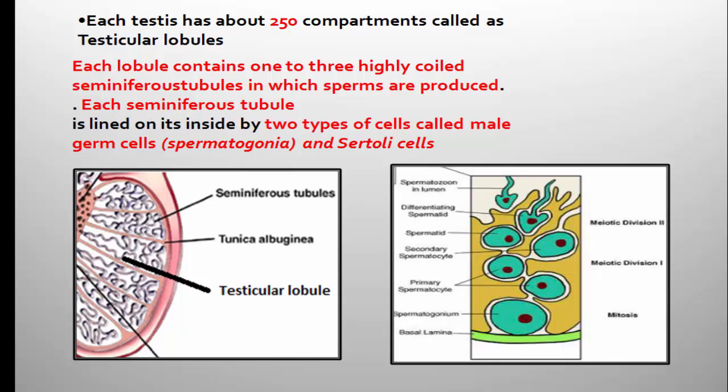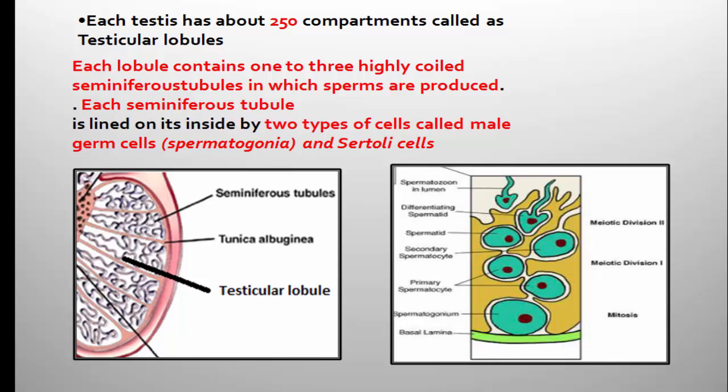The male reproductive system is located in the pelvis region, and it consists of four important parts: the testis, a pair of testes, which represent the male gonad, accessory ducts, accessory glands and external genitalia.